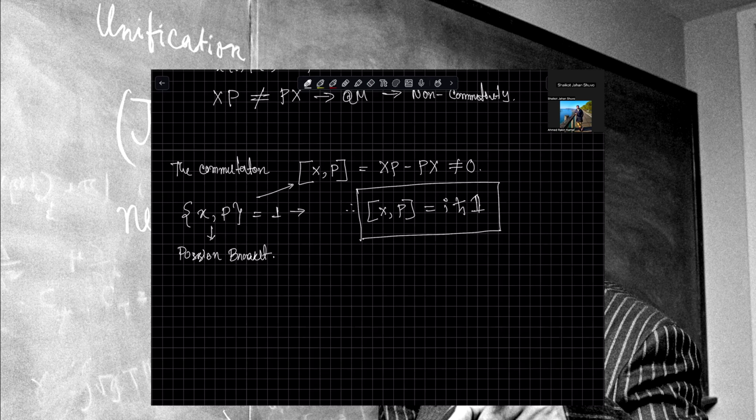And by the identity operator, I mean it can be the identity matrix if you're working in finite dimensions, and it can be a delta function if you're working in infinite dimensions. I'll briefly talk about them as well, but for now, keep this in mind. So this is where quantum mechanics differs from classical mechanics: x and p don't commute. So there is non-commutativity. That's what makes it non-trivial.